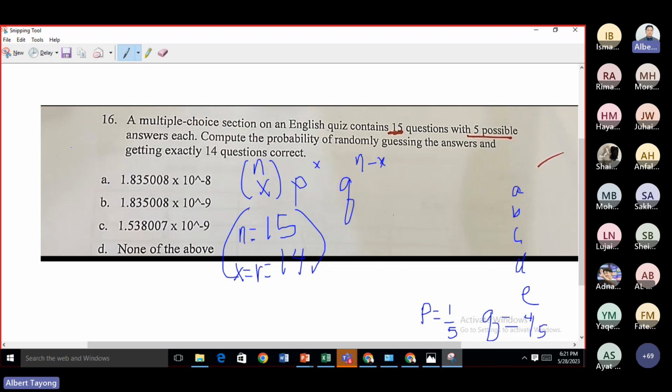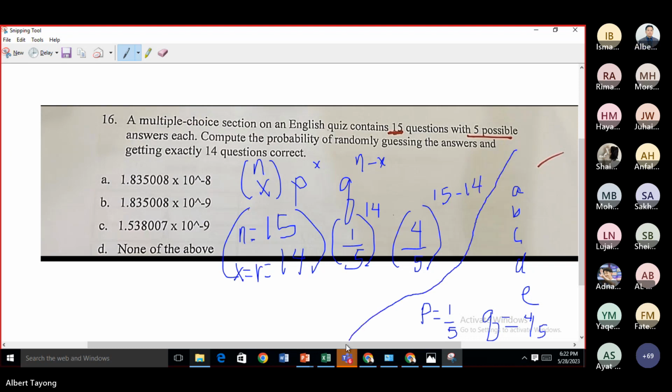So you just have to multiply this. So 1/5 raised to the power of our x. Our x is 14. And q is 4/5. And we have 15 minus 14 equals 1. Okay?